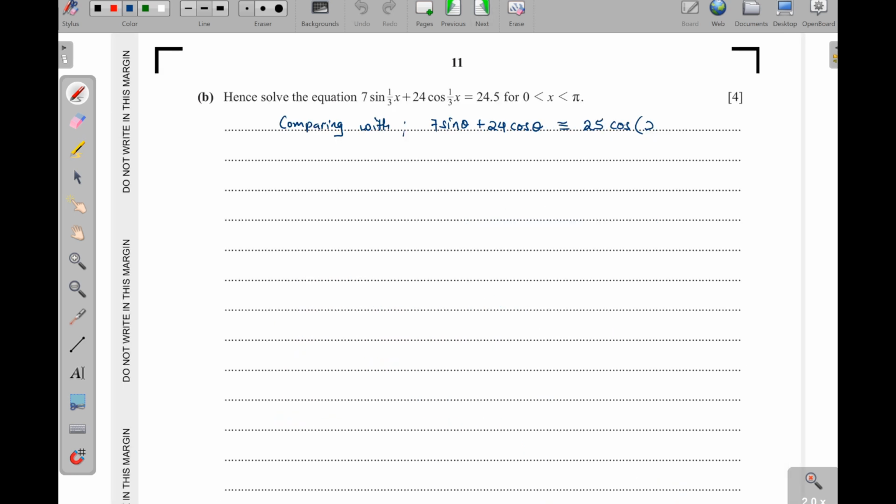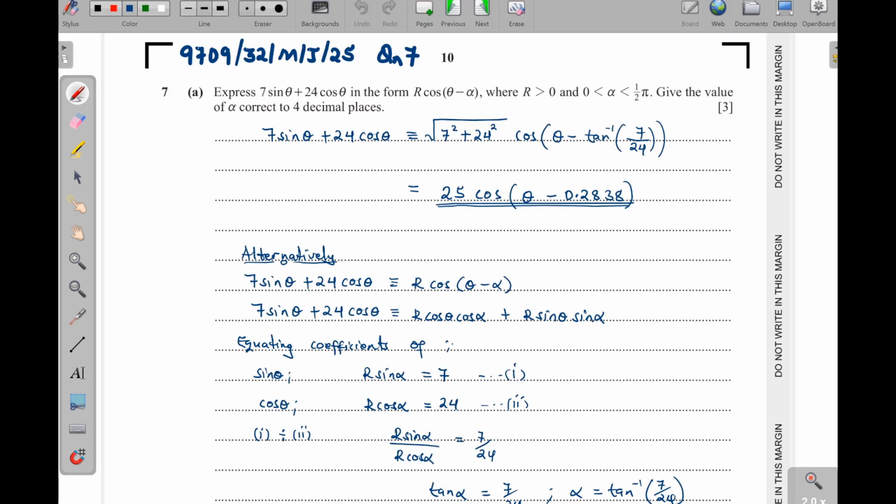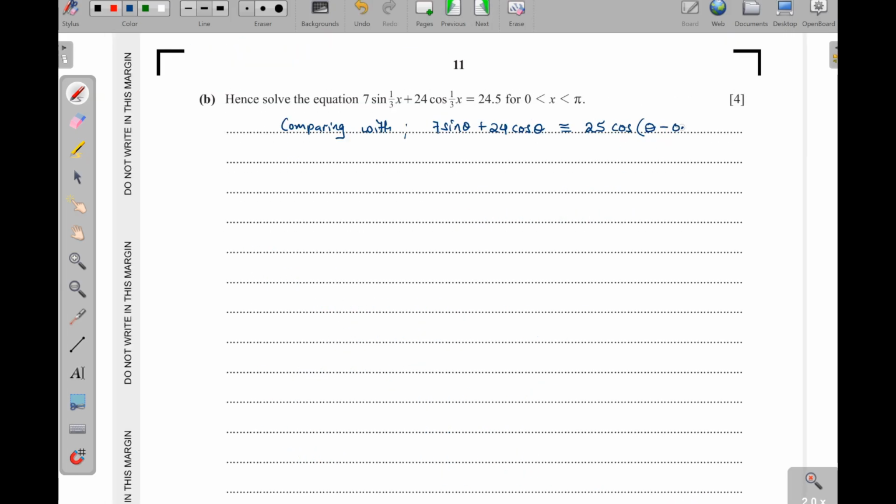Theta minus, our alpha is 0.2838. Okay, this simply implies that if you check, a third of x is the theta, right? So theta shall be equal to x over 3.